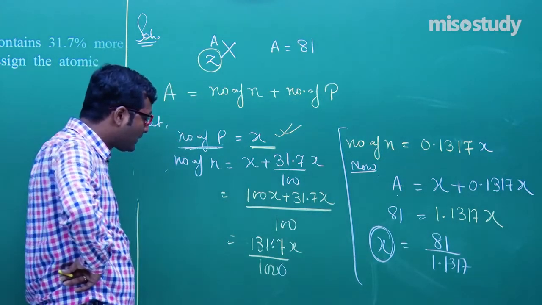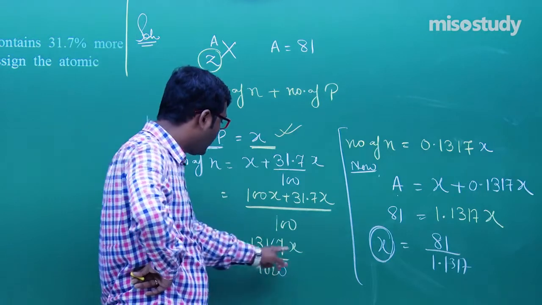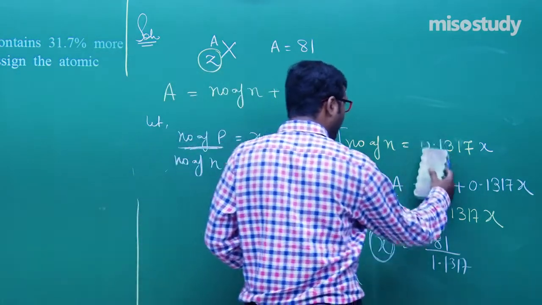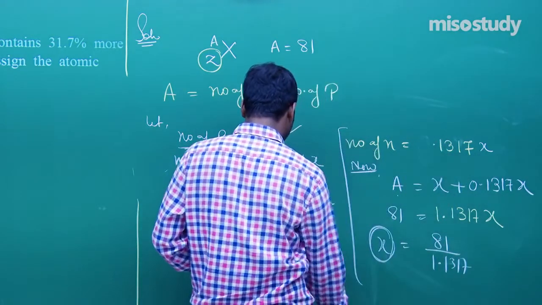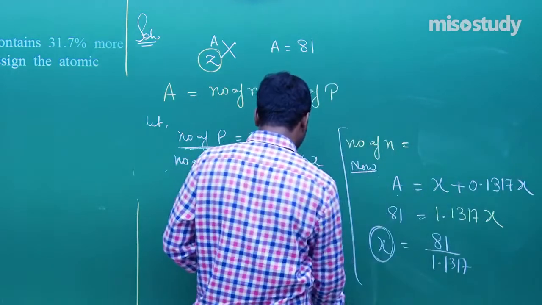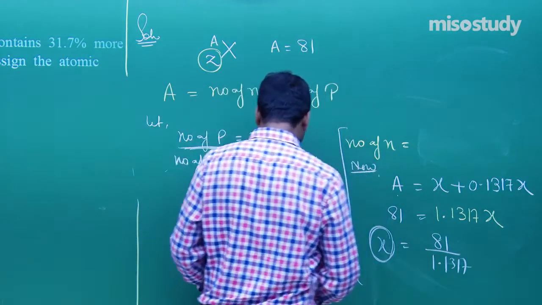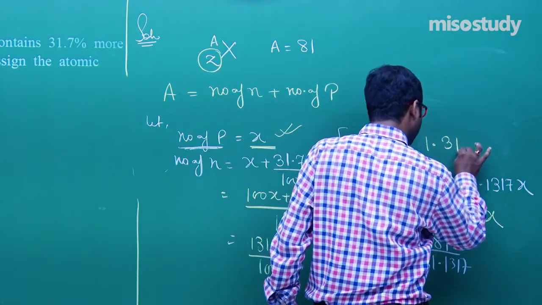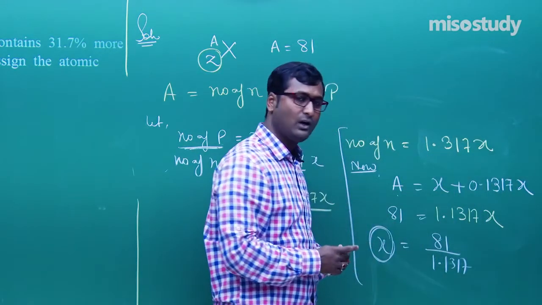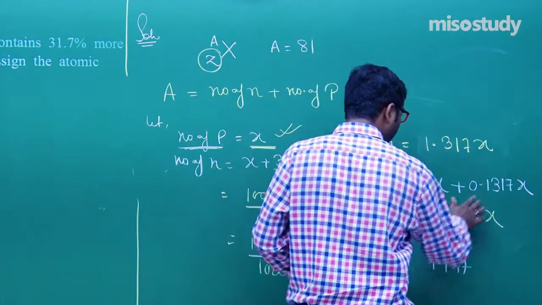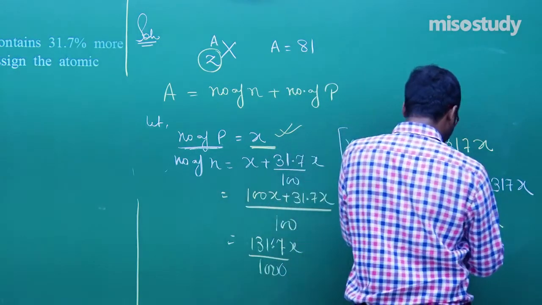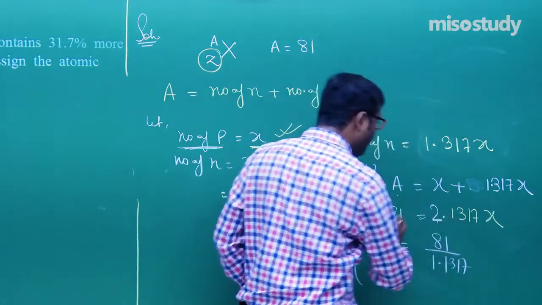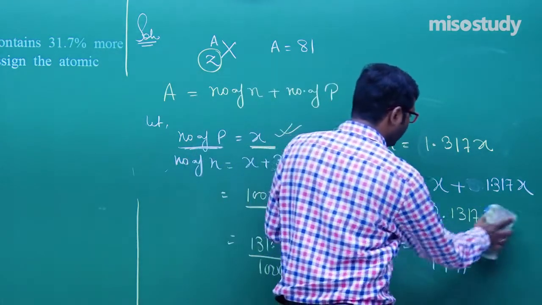There is a slight mistake here. The value is 1.317X. Put the point here, remove the point, that is 1.317X. Now what will happen? 2.317X. This is the answer.